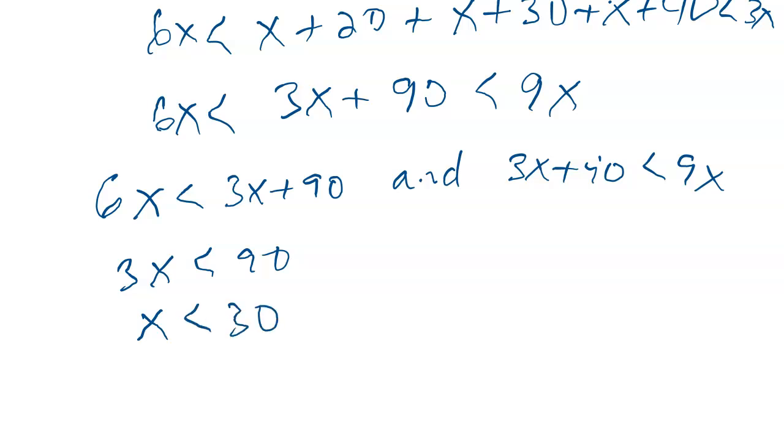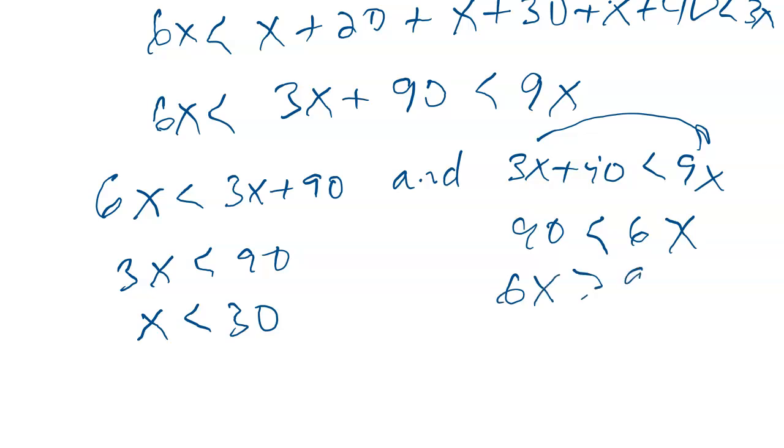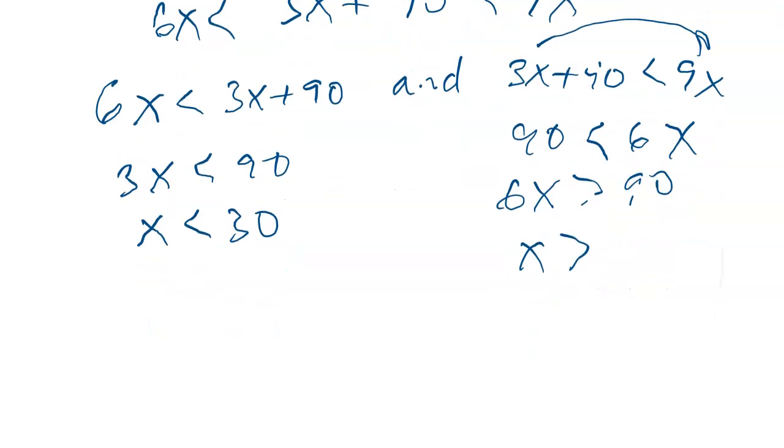If I did this correctly, I think I'm doing it wrong. Let me double check. No, that looks good. At the same time, I'm going to move this over here. So I get 90 is less than 6x. I want to flip this because it feels more comfortable to me: 6x is greater than 90. And then unfortunately I have to do some basic arithmetic.